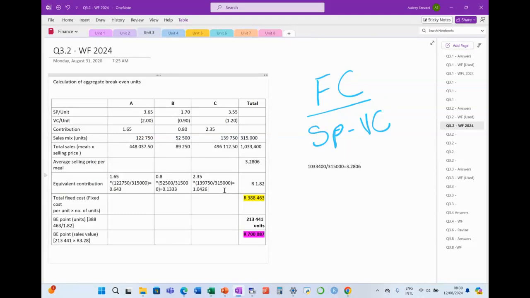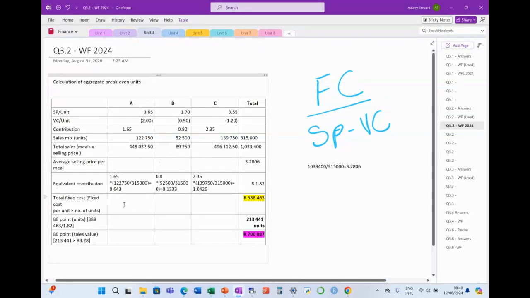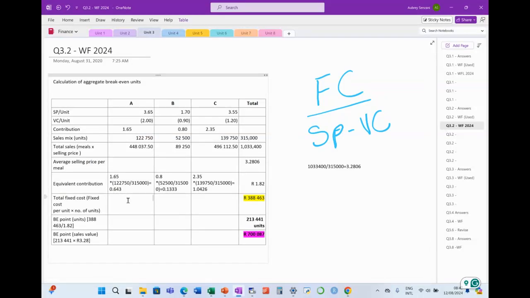So now we have the equivalent contribution. Remember we're getting the break even for multiple products. We need to do this calculation together. They told us the fixed cost per unit, right?